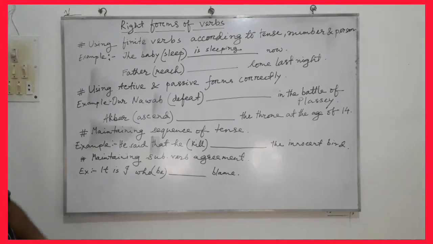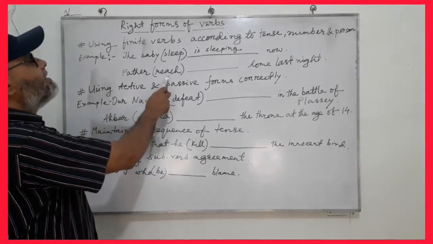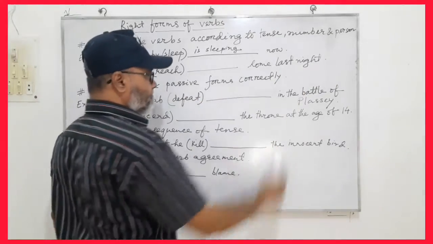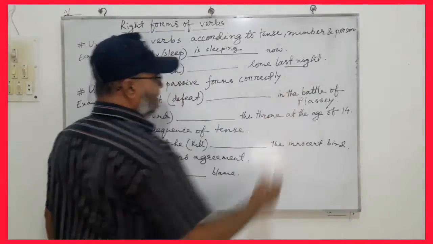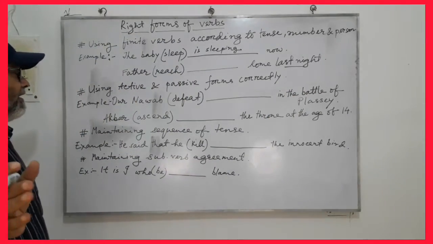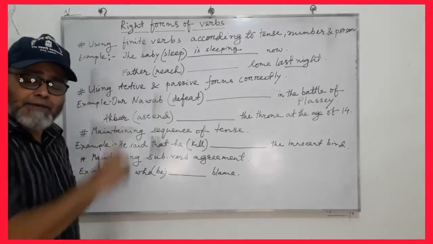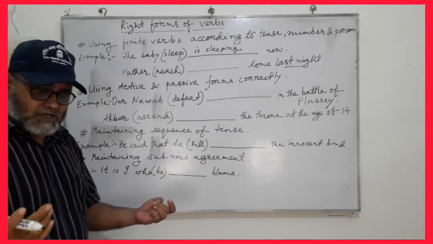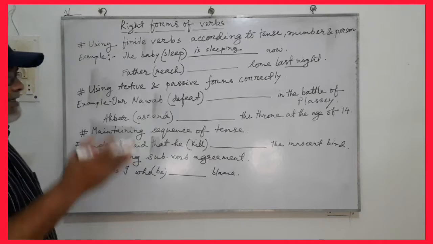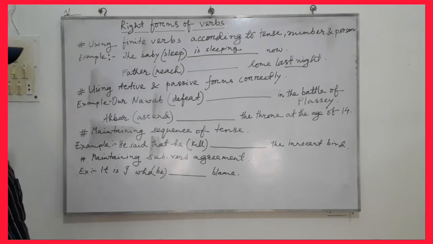In the second example, father reached home last night. This phrase last night indicates that the sentence will be in past indefinite tense. And we know the structure of past indefinite tense is subject plus first form of verb.